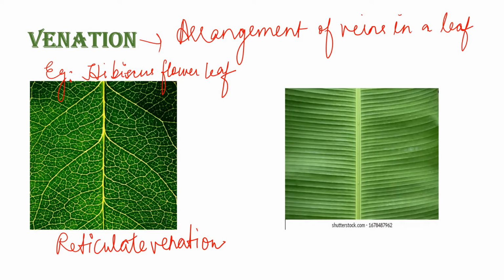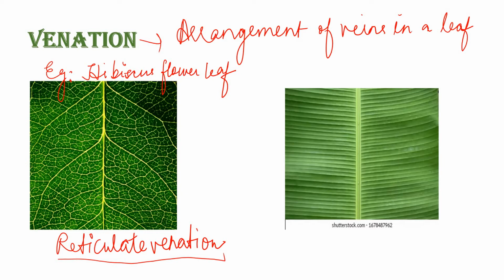Try to see it at home. If there's a hibiscus plant in your garden, please go and test it for yourself. You will see that the veins in the hibiscus leaf are in a network-like pattern, and this pattern is called reticulate venation.